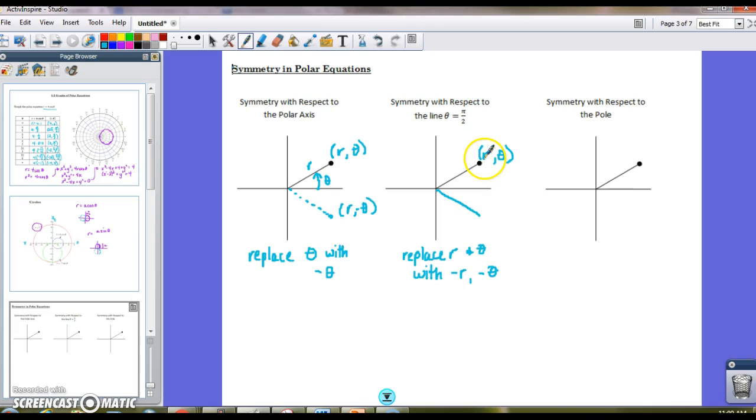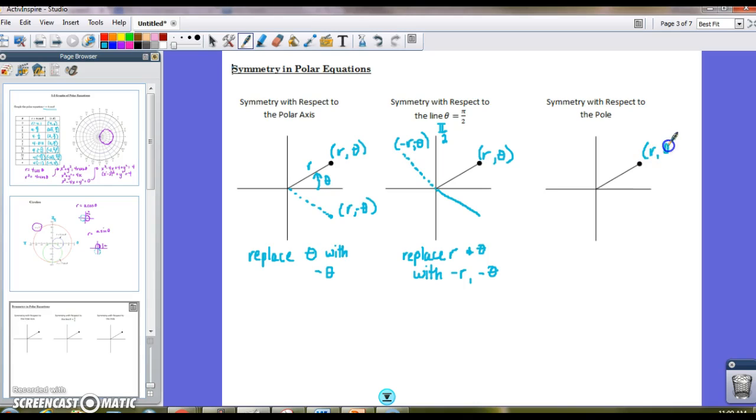And then if I replace r with negative r, that flips me over the pole. And that puts me here. So if I replace r and theta with negative r and negative theta, and I get back what I started with, then I have symmetry with respect to this line, theta equals pi over 2. That's my vertical line here.